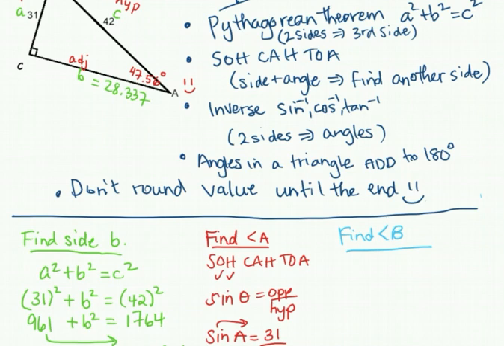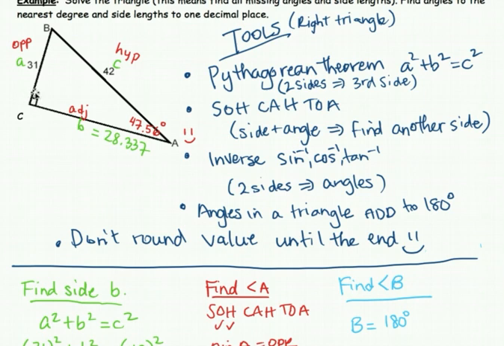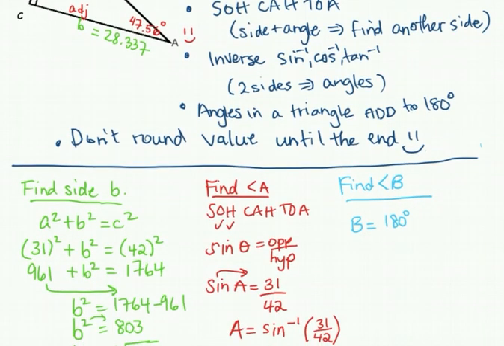So we know that. So to find B here, let's call B equals, what we're going to take 180. All right. We know this is a 90-degree angle. We know this angle that we found. Okay, so if we take those and subtract it from 180, we will get to our angle B.